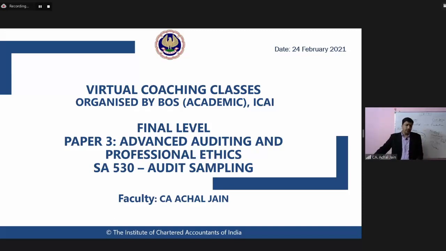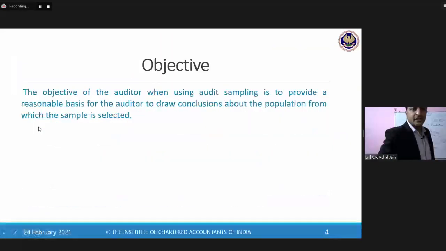And in technical terms, we can say the sample should be selected in a way which is representative of the entire population. So let's first of all understand the meaning of some terms which will be used over and over again in this auditing standard.